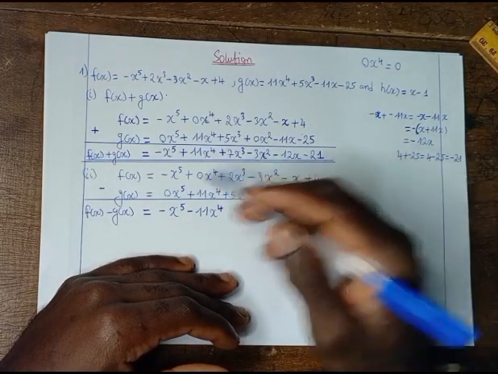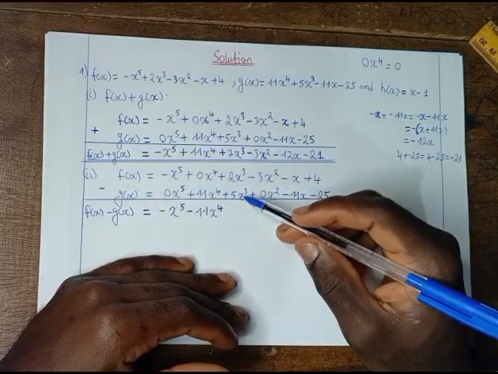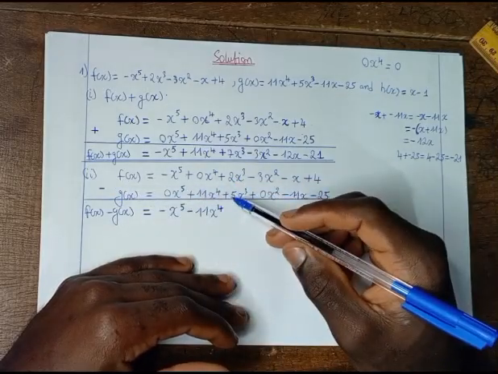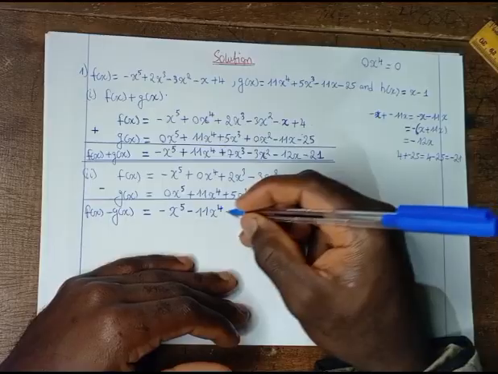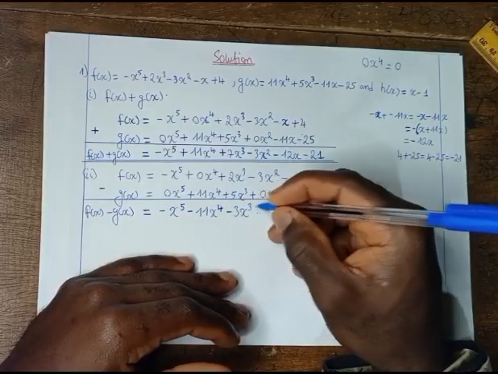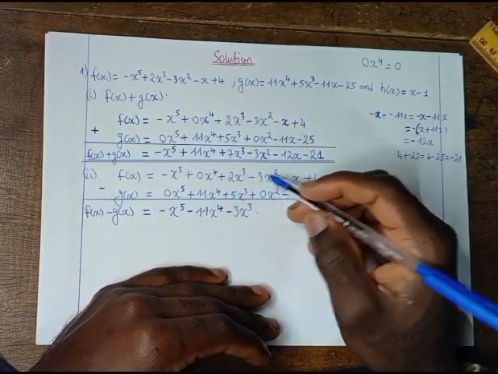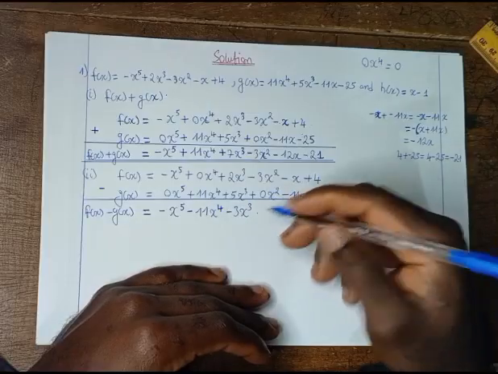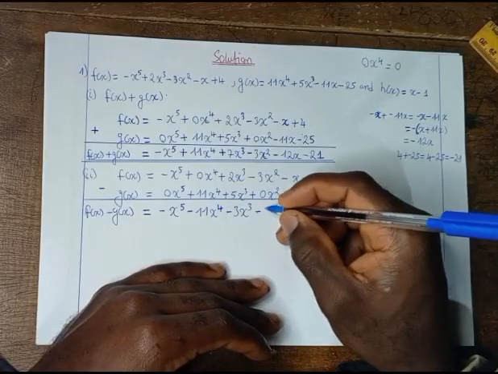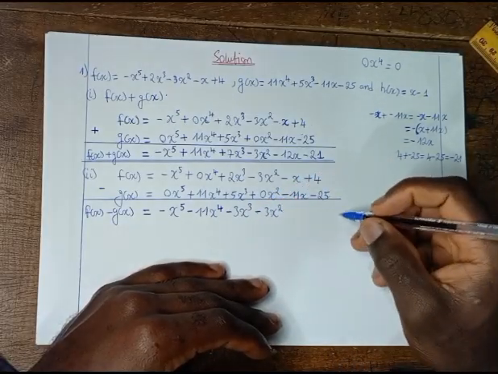Next, 2x cubed minus 5x cubed. We know 2 minus 5 gives us negative 3. So this will give us negative 3x cubed. Next, negative 3x squared minus 0x squared simply remains negative 3x squared.